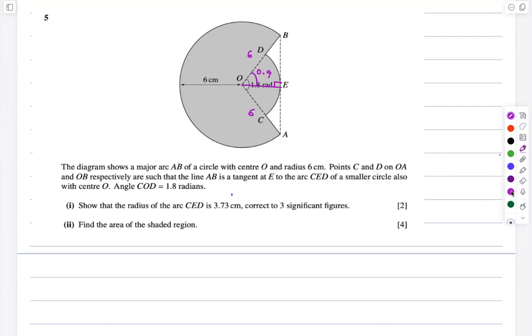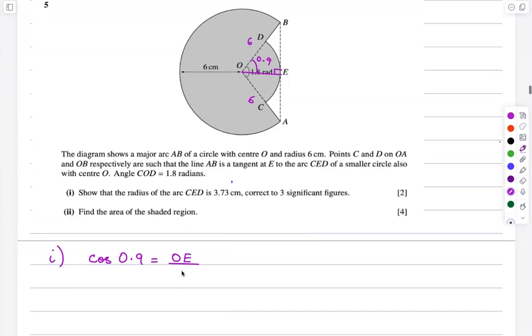Now, as we already have this angle, to find the length of OE, we can use adjacent over hypotenuse, which is cos. So we can write cos of 0.9 equals OE upon the length of OB, which is 6. So OE will be equal to 6 multiplied by cos of 0.9, which is 3.7.